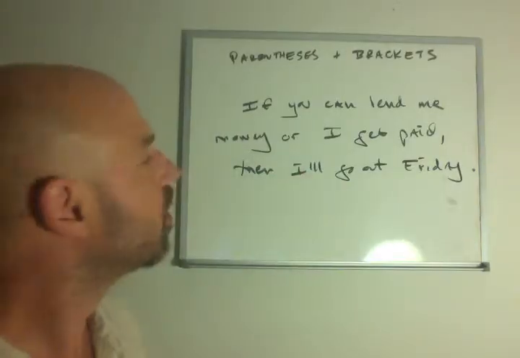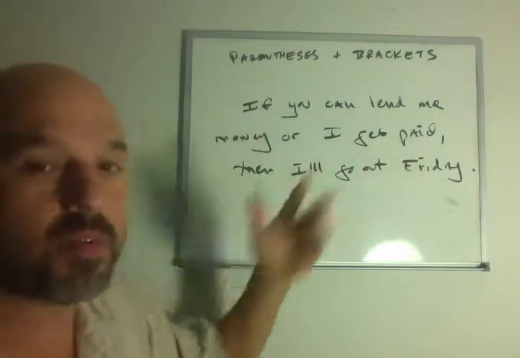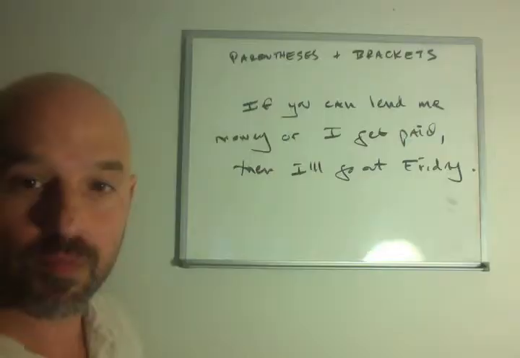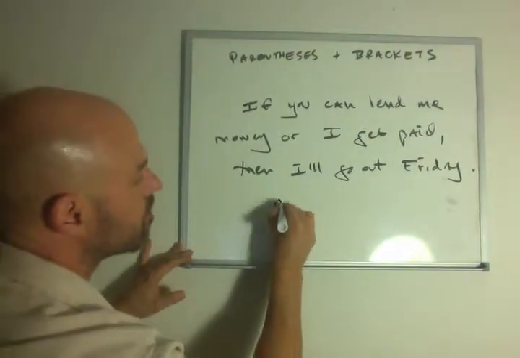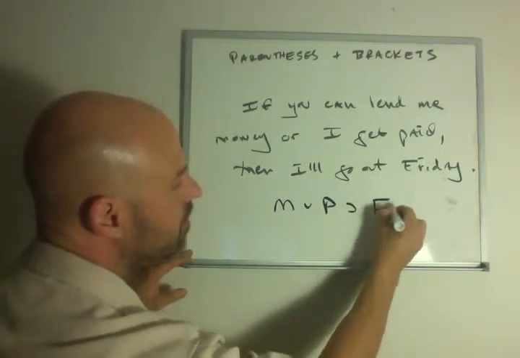What are we saying here? We're saying if one of these two things is the case, then you'll be able to go out Friday. Right? So we're going to need parentheses to express this relationship, right? If you can lend me money or I get paid, then I'll go out Friday.